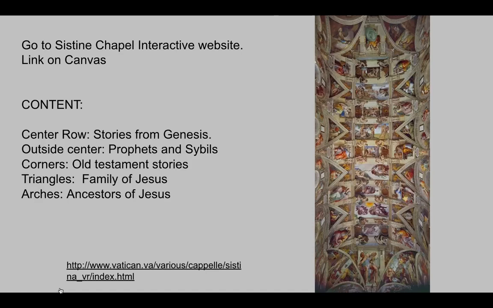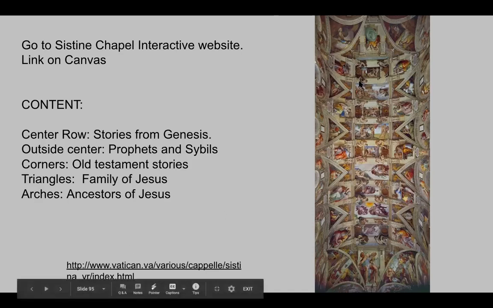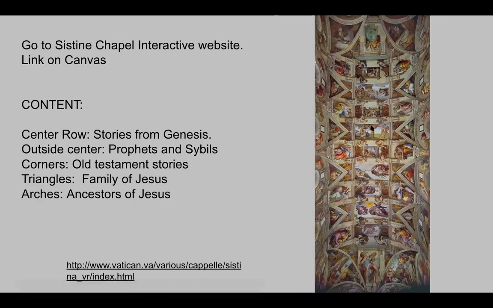The imagery in the center, which is what is best known, is only images from the first book of the Old Testament. There are absolutely positively no images of Jesus whatsoever in the ceiling. There is nothing. Okay? The whole basis of Christianity, there are no images of him there.